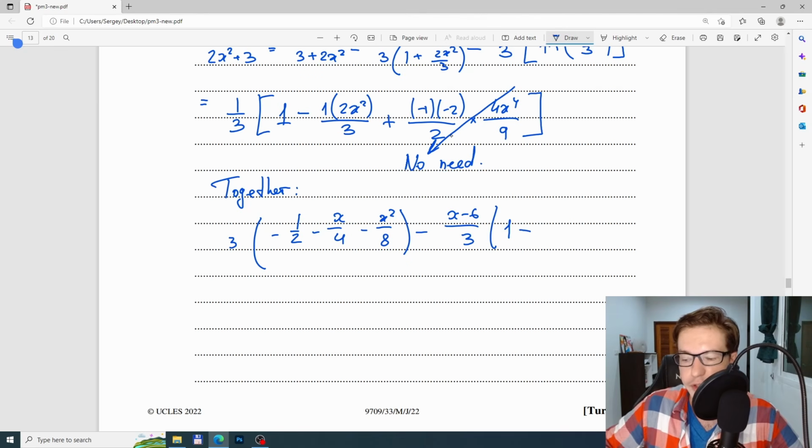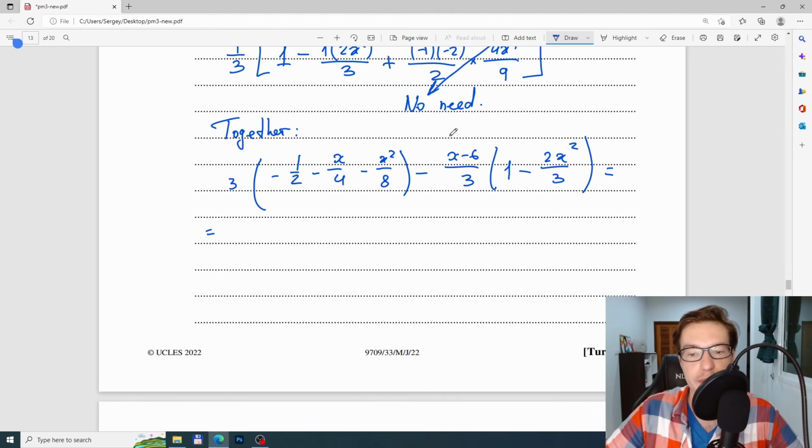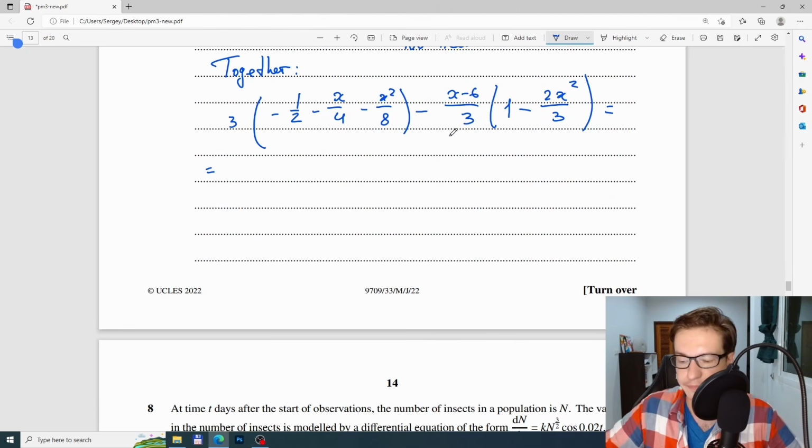And I get 1 minus 2x squared divided by 3. Now all we have to do is to expand the brackets and simplify. So, all in all, I will get minus 3 over 2 minus 3x over 4 minus 3x squared divided by 8. Okay, then minus a third.